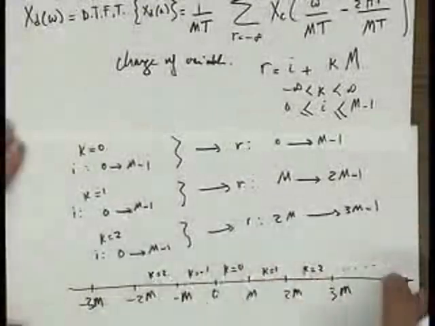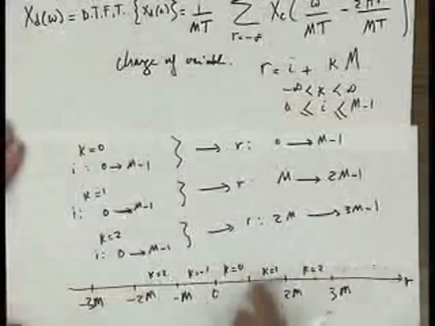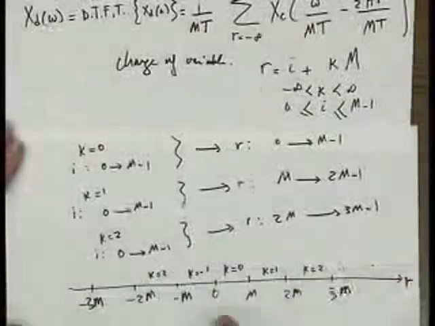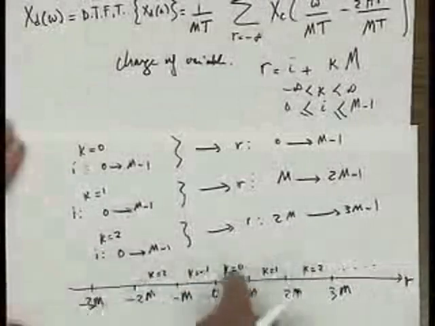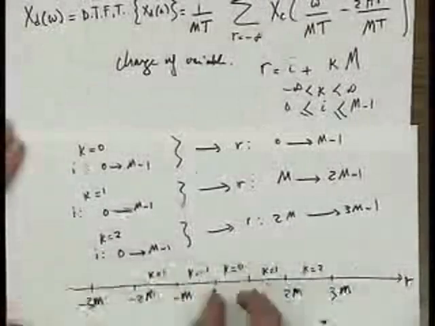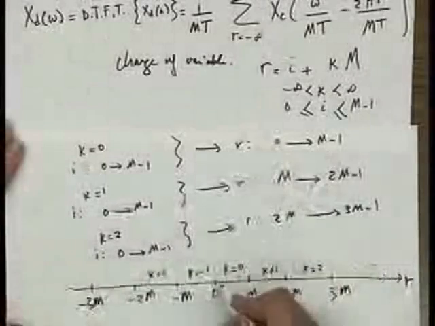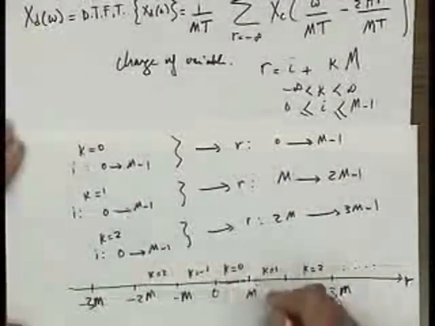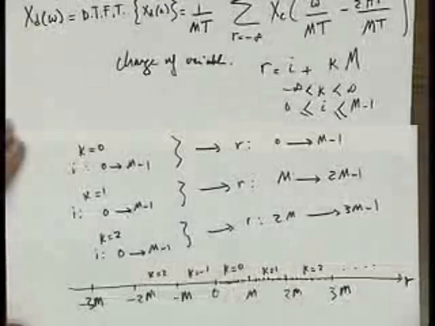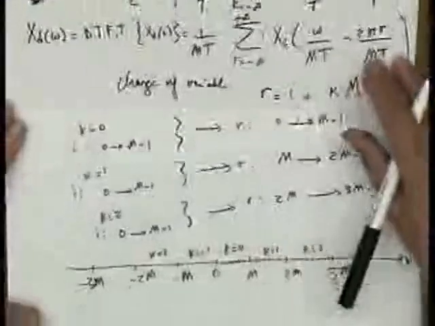So instead of letting r go from 1, 2, 3, 4, 5, 6, 7, 8, I'm letting k go from 0, 1, 2, minus 1, minus 2, but then let i cover the M values here, and the M values here, and the M values here. It's merely a change of variable, merely a mathematical thing.